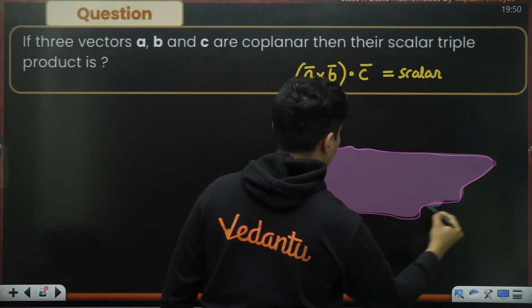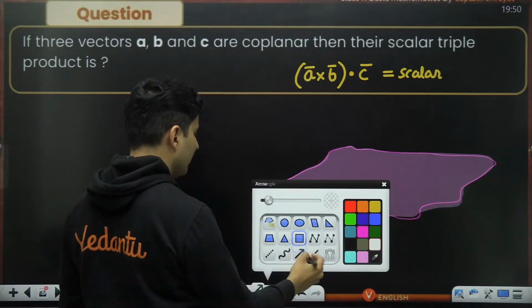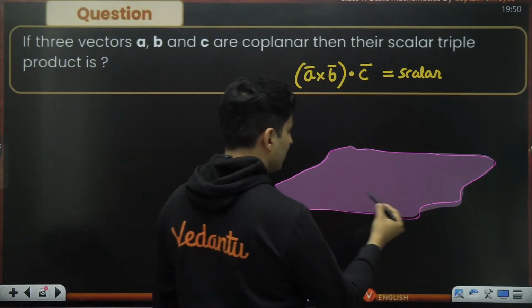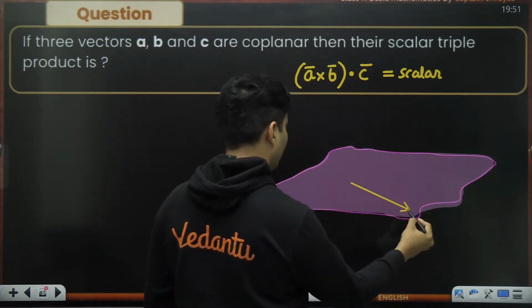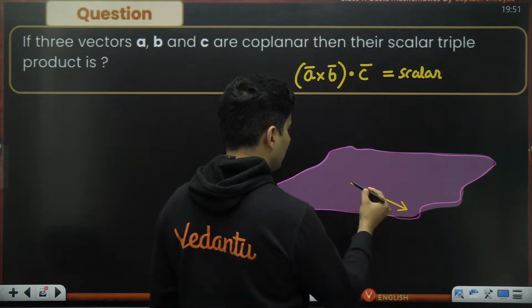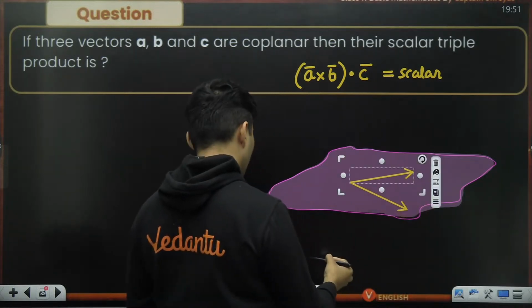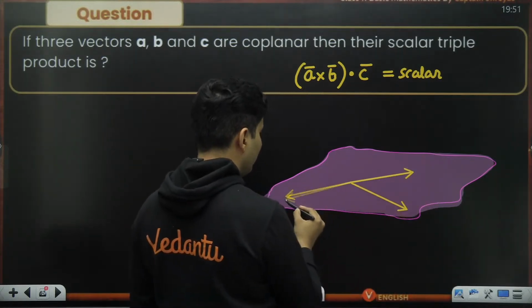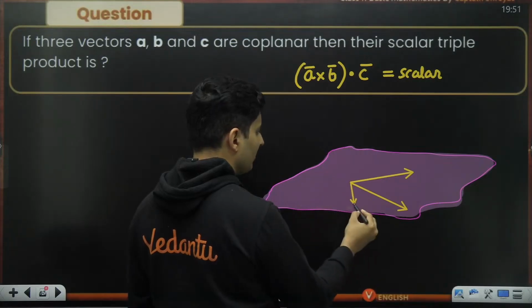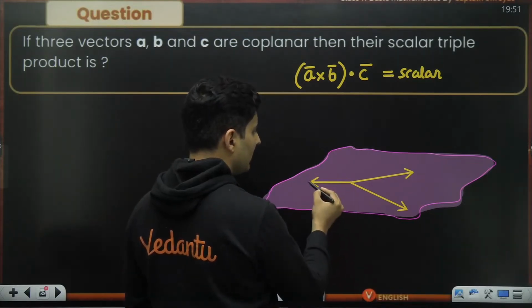Imagine this is a plane. In that, let's consider three vectors. Let's say this is vector A. Let's say this is vector B. And let's say this is vector C somewhere here or here. It doesn't matter. This is, let's say, vector C.